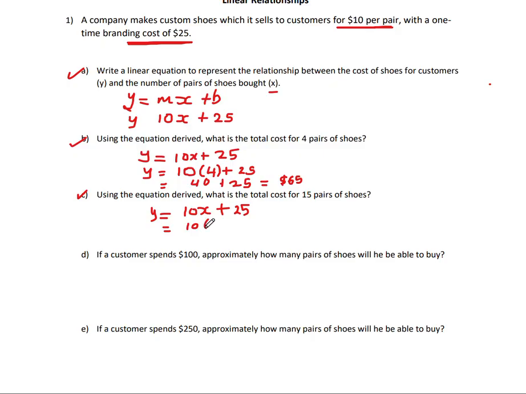So this will become 10 multiplied by 15 plus 25. 10 multiplied by 15 will be 150 plus 25, which is going to be equal to $175. So what this is saying is that it will cost $175, y, to purchase 15 pairs of shoes, x.